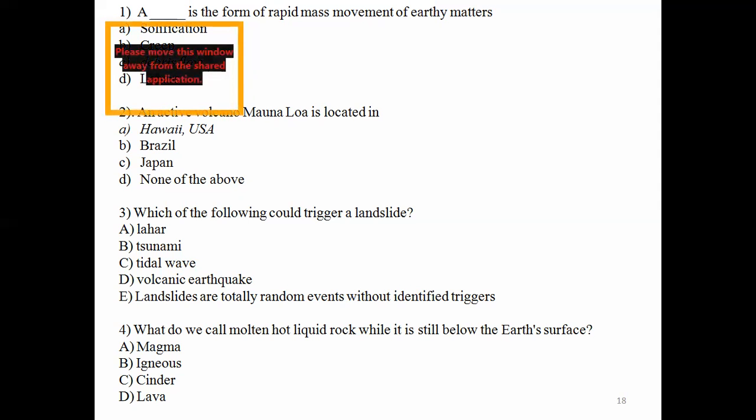Magma, igneous rock, cinders, lava. We already discussed these points. When it is inside the magma chamber, we call it dash, and when it is outside the surface of the earth, we call it dash. That point is to be answered.